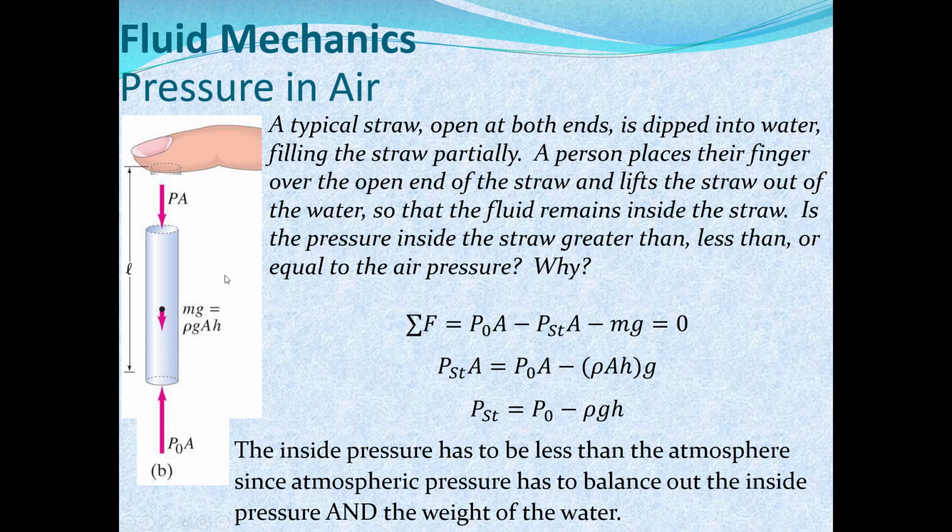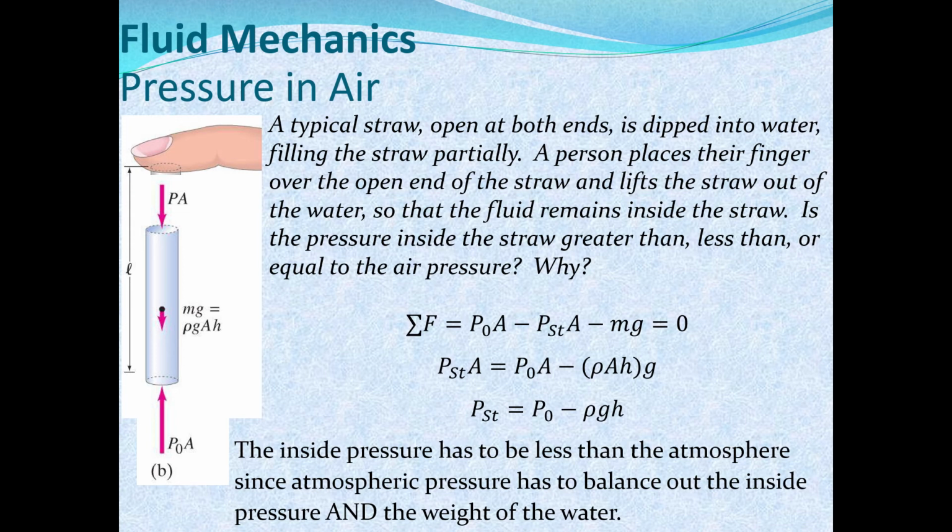Now, this actually makes sense when we think about how this has a lower air pressure. When we put our finger over there, we created a vacuum. And when we lifted the straw, what you probably didn't notice is that the column of water actually did fall a little bit out.